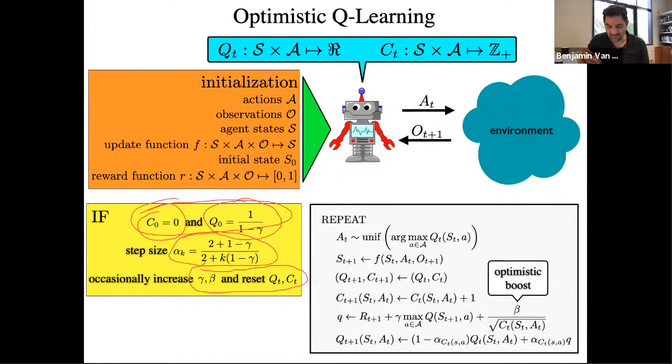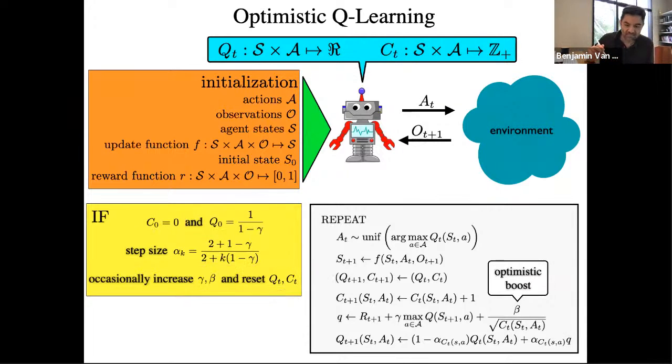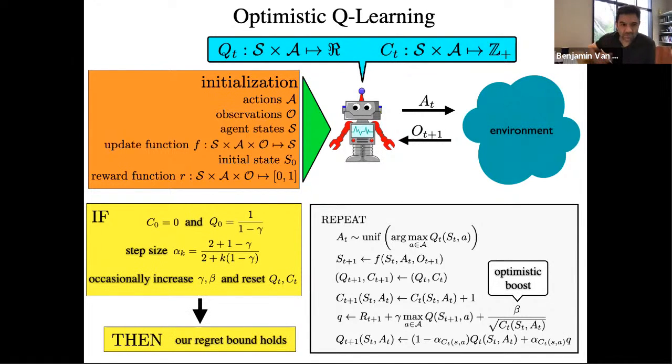So once in a while you reset, and you increase the discount factor and this optimistic boost coefficient beta. I'm not going to describe the details of those resets, but with all of that, you get the regret bound I described. So this is optimistic Q-learning, and it gets that regret bound. This is the agent.